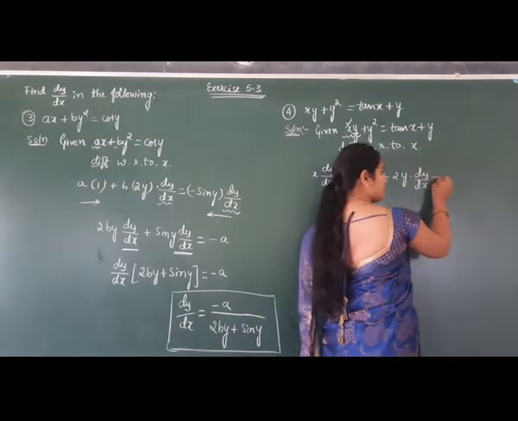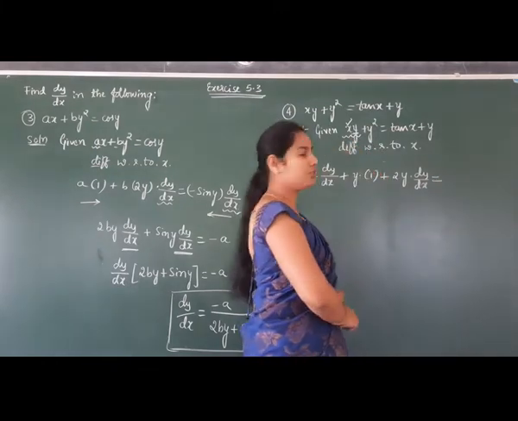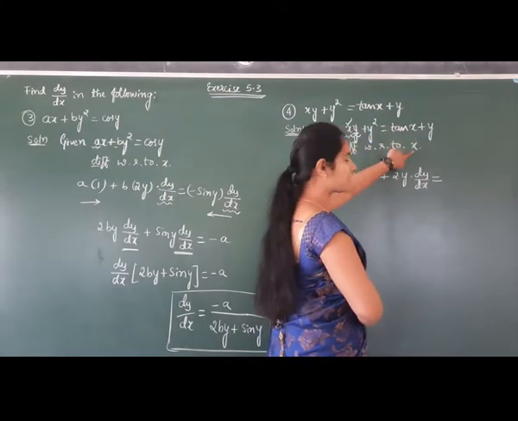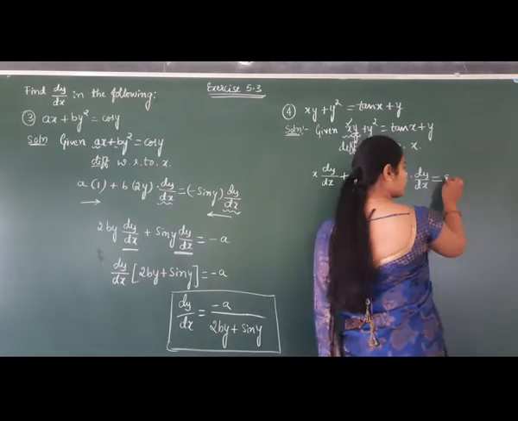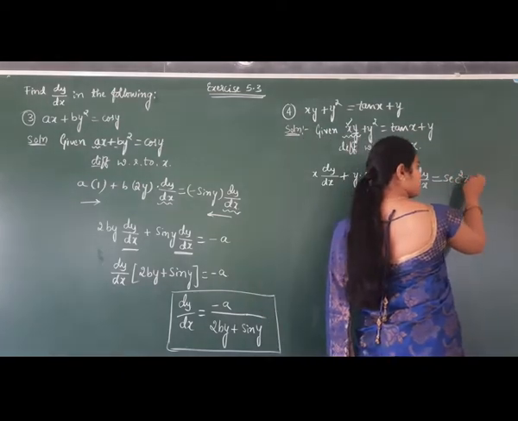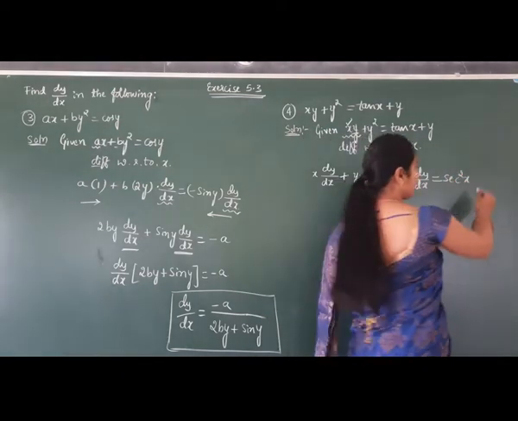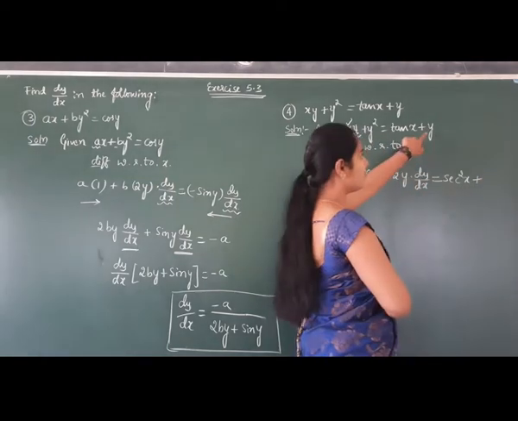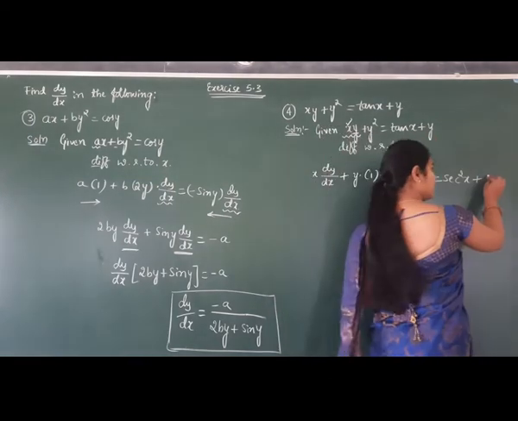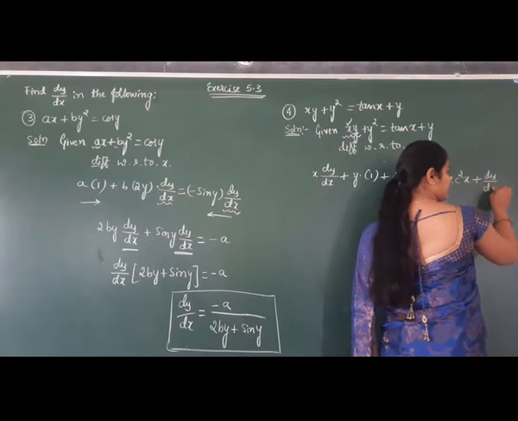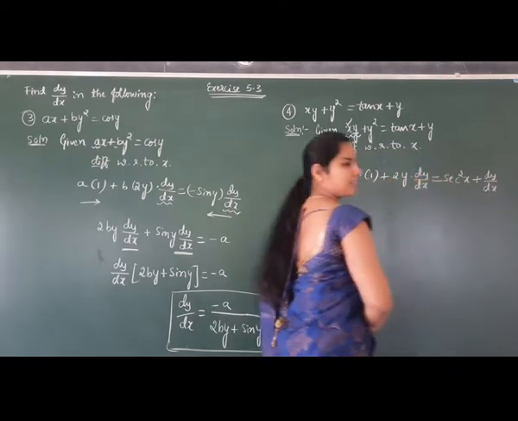So this is equal to derivative of tan x with respect to x is secant square x, plus derivative of y with respect to x is dy by dx. Okay.